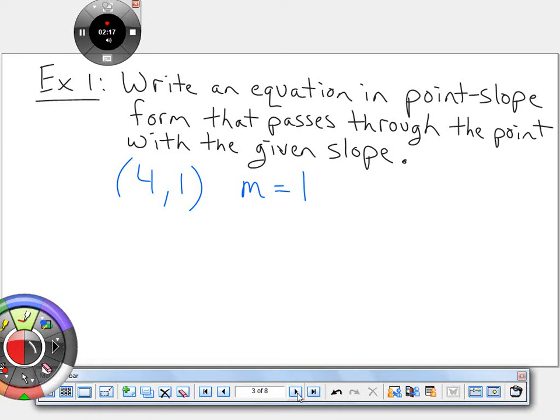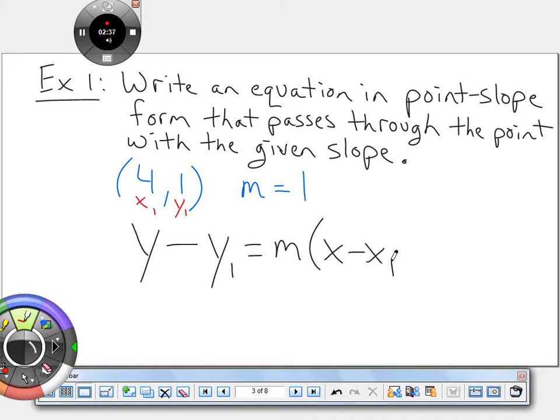Example 1. Write an equation in point-slope form that passes through the point with the given slope. So they give us this point. When you're doing point-slope form, it's like a little x sub 1, y sub 1. So I'll write the general form this first time. It goes y minus y sub 1 equals m times x minus x sub 1.